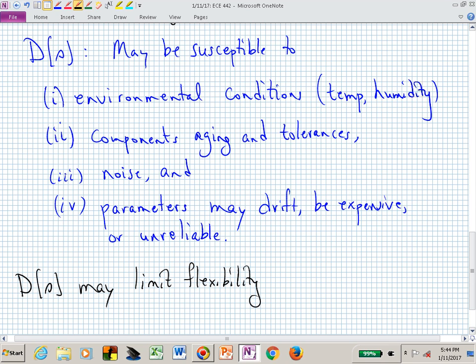D of S, the analog version, may not give us as much flexibility as we would like.